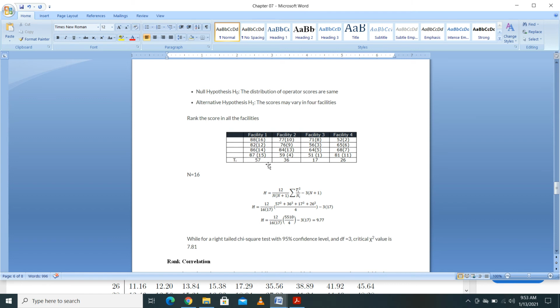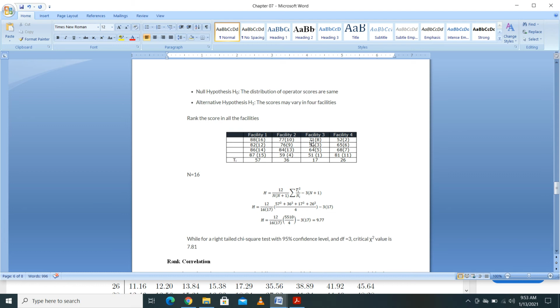You have 4 rows, and you have 4 columns.